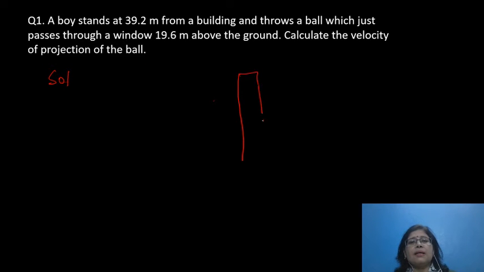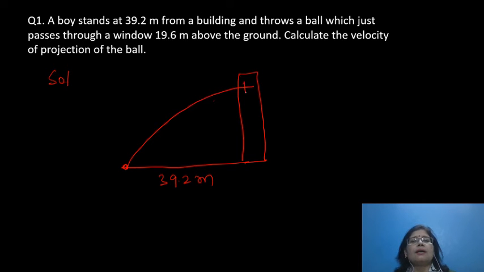Here is the building and the boy is standing here. It is 39.2 meter and he is throwing a ball, and here is the window. The ball is crossing the window and this window is at 19.6 meter from the ground.